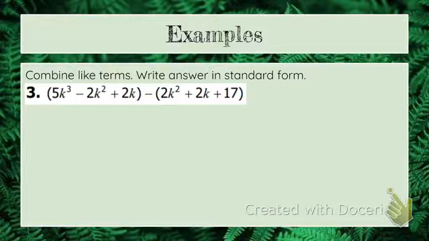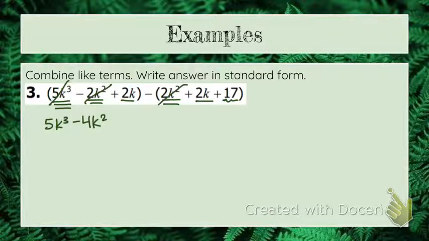So, for example, if we do our underlining, we'll notice that there's no other k to the third. So we're just going to have 5k to the third. And then we have negative 2k squared minus positive 2k squared. So negative 2k squared minus 2k squared is going to give us negative 4k squared.